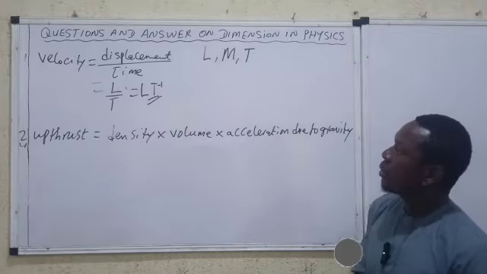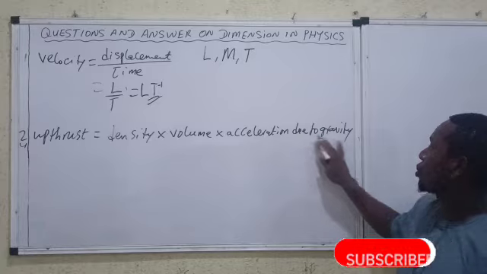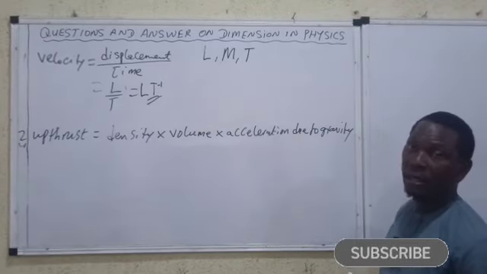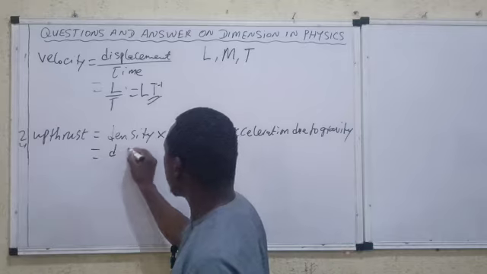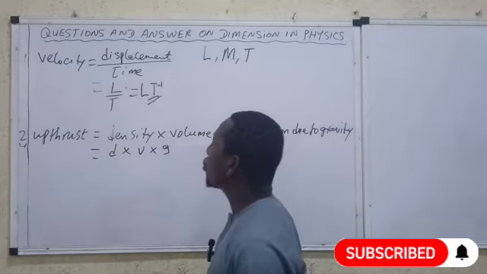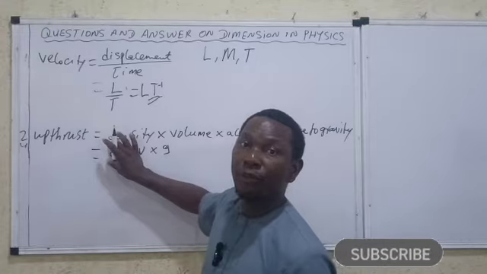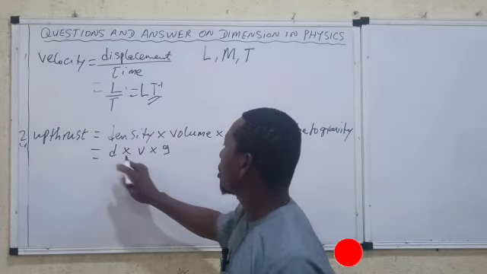Let's rewrite it this way: D times V times G. So we'll now get the dimension for each of these.